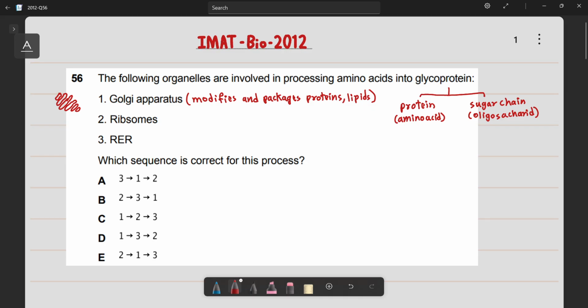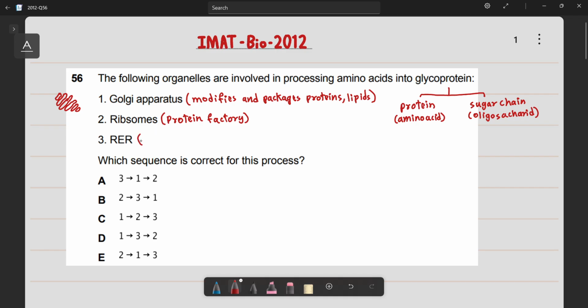The next one is the ribosome. It's basically the easiest thing to know. It's a protein factory. It's typically involved in the translation process, where it uses mRNA as a template strand to read, and then translates it into a protein: the amino acids form a polypeptide, which then structures into a protein, depending on its amino acid sequence.